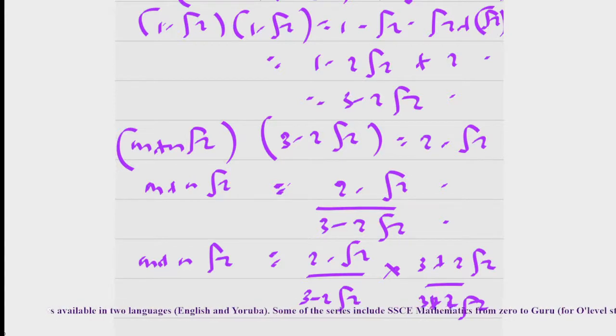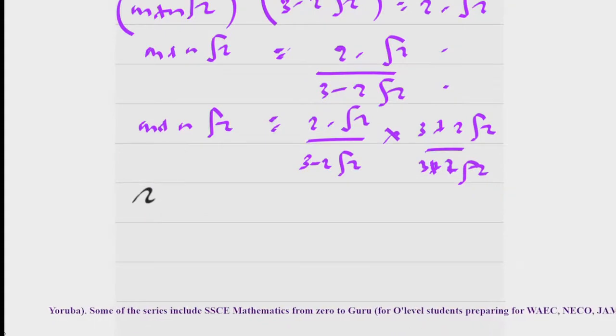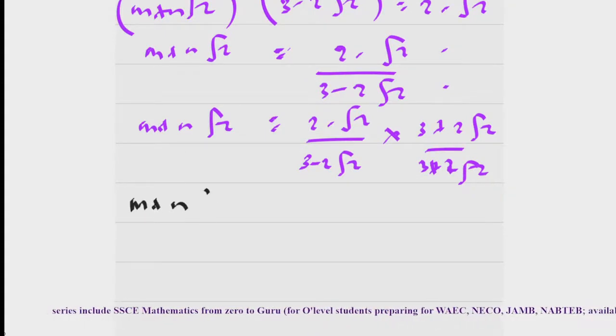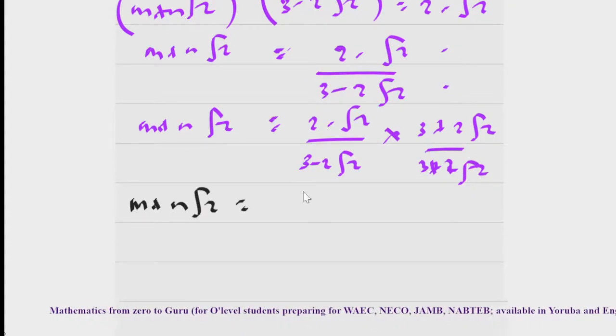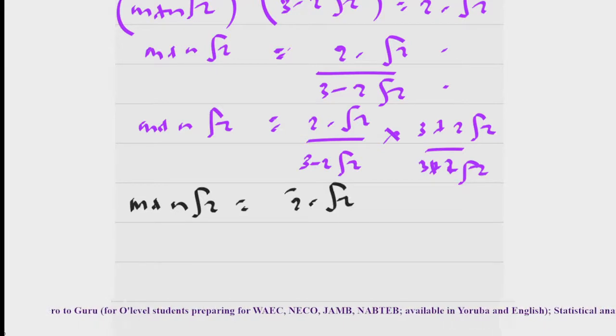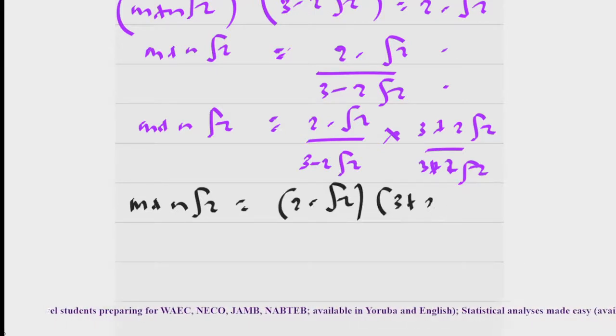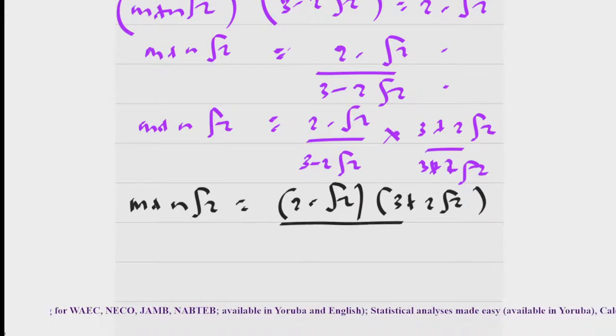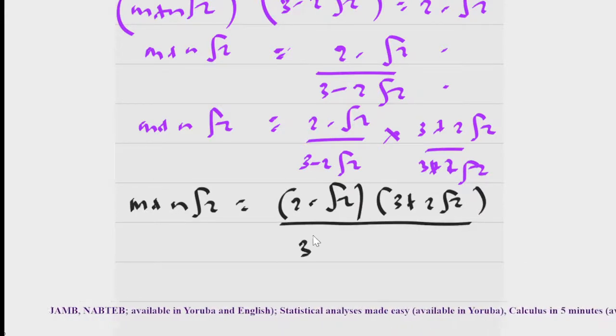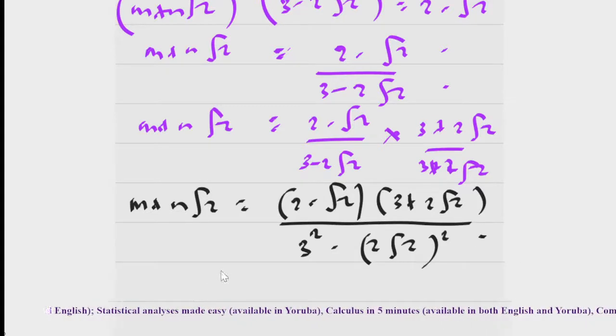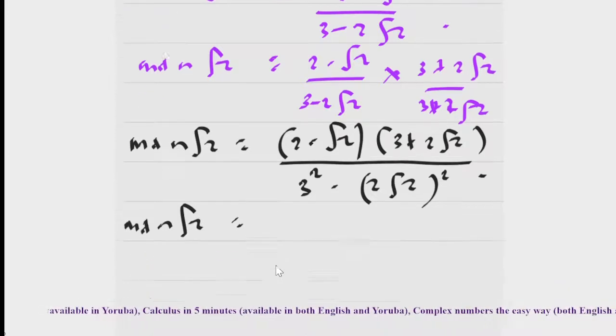So then if you simplify further, m plus n root 2 is equal to what? 2 minus root 2 times 3 plus 2 root 2, divided by the difference of two squares, 3 squared minus 2 root 2, everything squared.